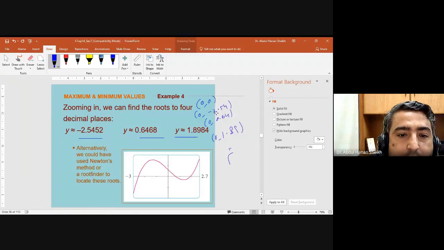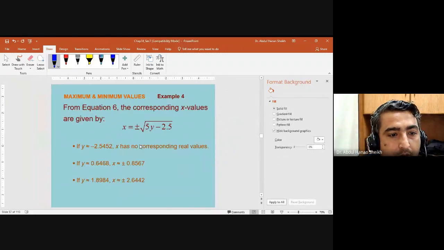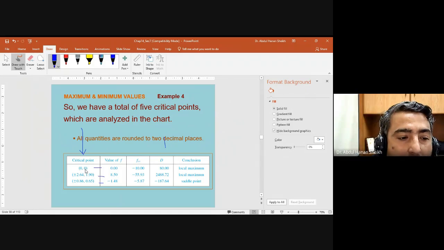These are not the points, but these are the points given in the first column. These are the critical points: 1, 2, 3, 4, 5 critical points. At these critical points, D is positive. At these two critical points, D is negative. It means these are saddle points.